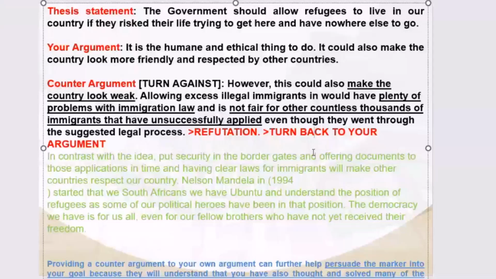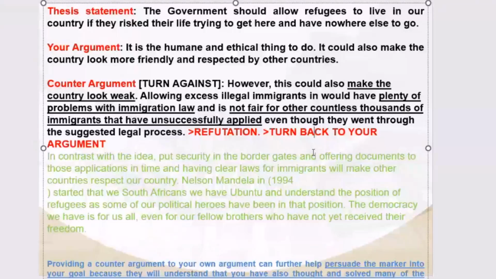So we're going to read and see how it fits together with what Sindisiwe has written. So the counter argument, you start always with your own argument, which is that it is humane. This is just an example, an ethical thing to do. It could also make the country look more friendly and respected by other countries. However, this could also make the country look weak.